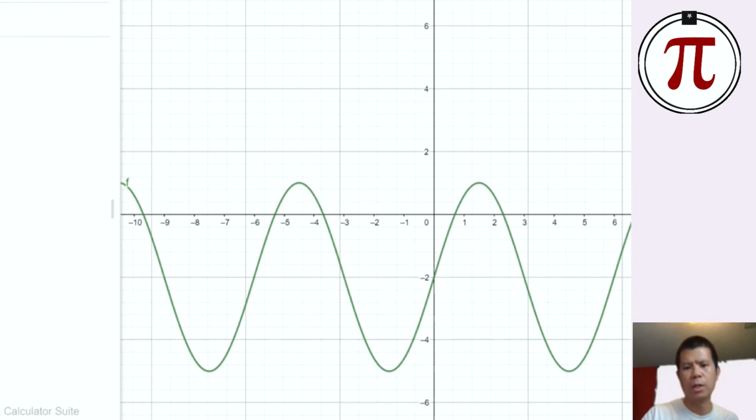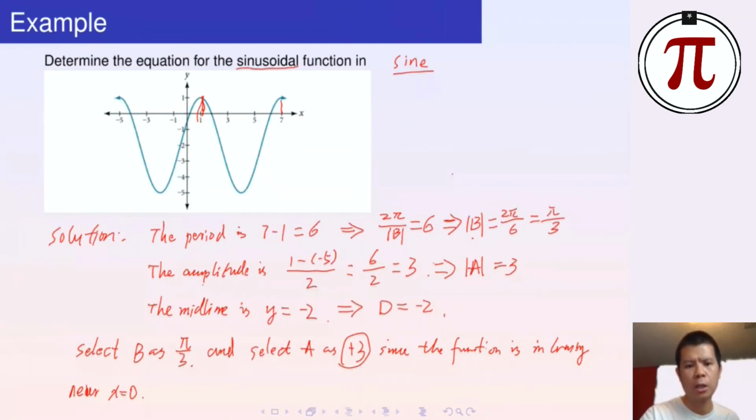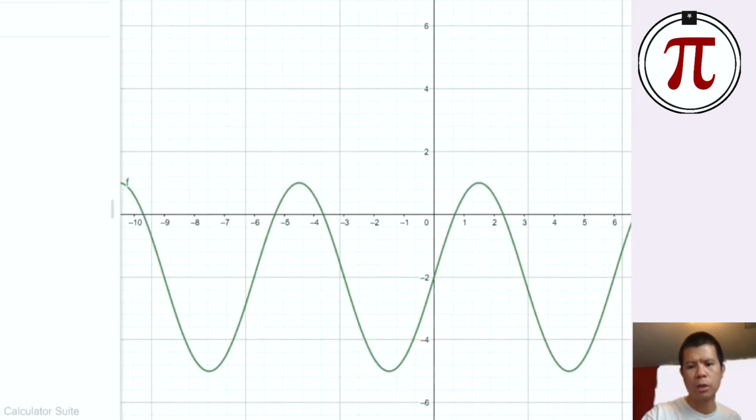For this one, we can easily see that the top point occurs at 1 in the original function, so we can just use the top points for comparing.